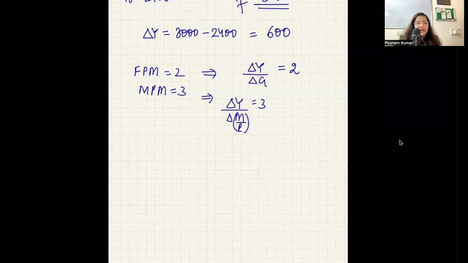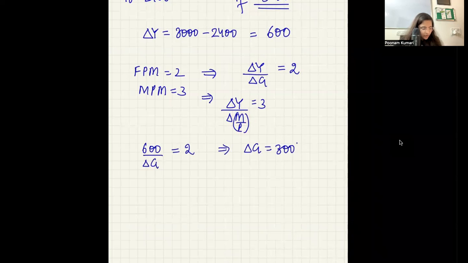So अब आपको पता है Y का value 600 है. So 600 divided by change in G that is needed, that is equals to 2. So change in G will be 300. तो अगर आपकी गवर्नमेंट एक्सपेंडिचर में 300 यूनिट चेंज होगा, तब जाके आपकी इनकम फुल एम्प्लॉयमेंट लेवल पे पहुंचेगी. दैट इज एक्चुअली द आंसर टू पार्ट नंबर 3.